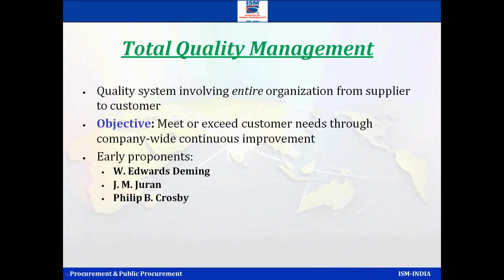This is where the very first line makes it very clear: a quality system involving the entire organization, from supplier to customer, covering the complete chain. You made a beautiful product, nicely packed. But then the guy who's loading it on the truck is very casual. He throws it on the floor. The quality is damaged. So that means we are looking from end to end.